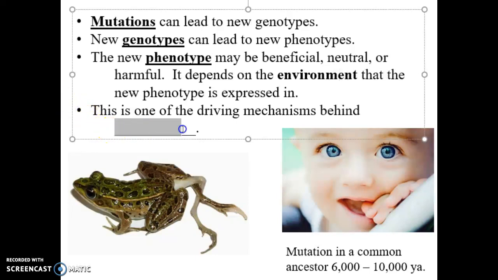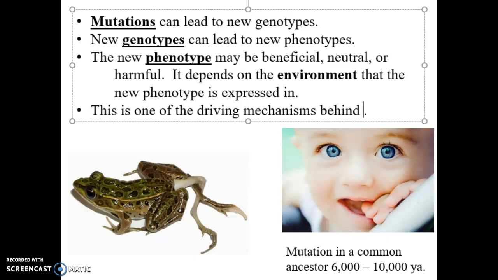So if it's expressed in a certain environment, that new physical characteristic may be incredibly beneficial, and the organism survives and increases its chances of reproductive success, passes on its genetics, more individuals inherit the trait, and it's a positive thing. Or it could be neutral. Again, no big deal. Nothing happens to it.